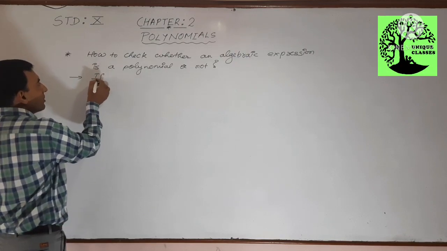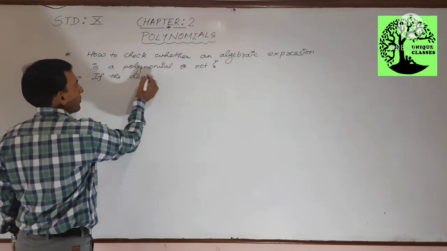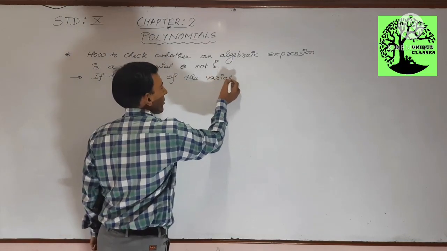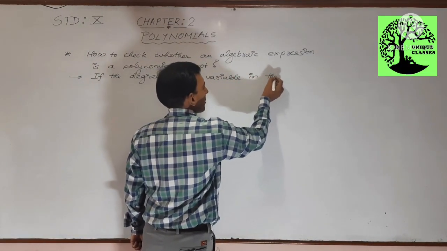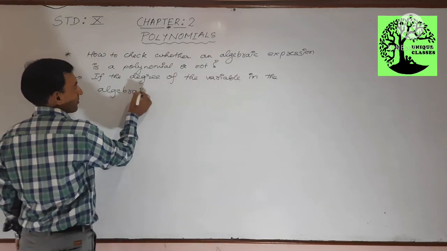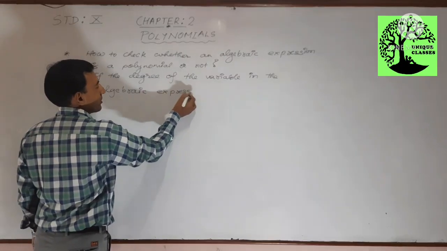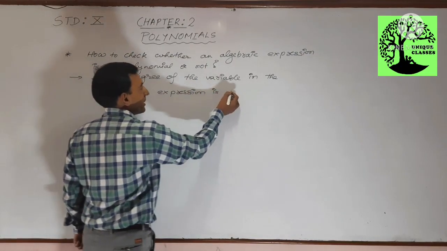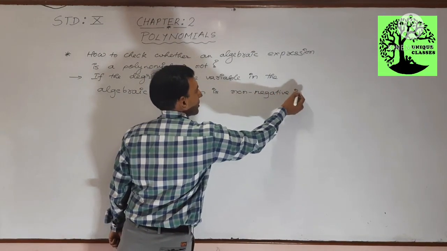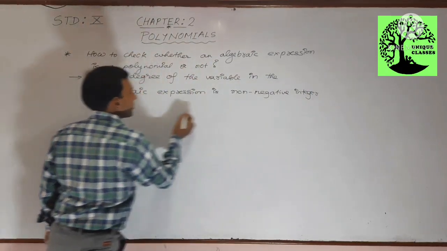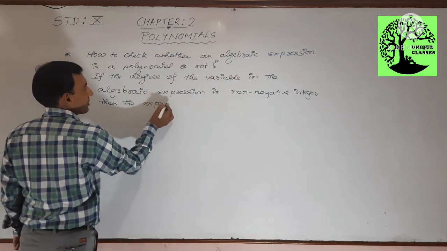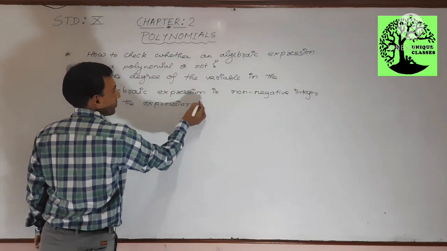So, if the degree of the variable in the algebraic expression is a non-negative integer, then the expression is a polynomial, student.